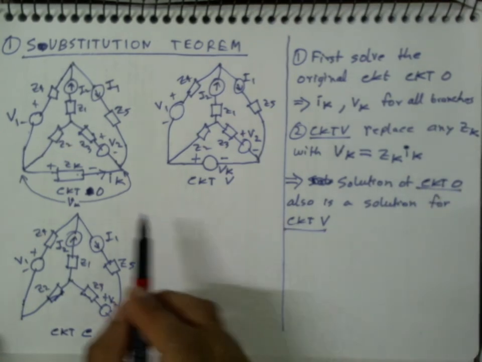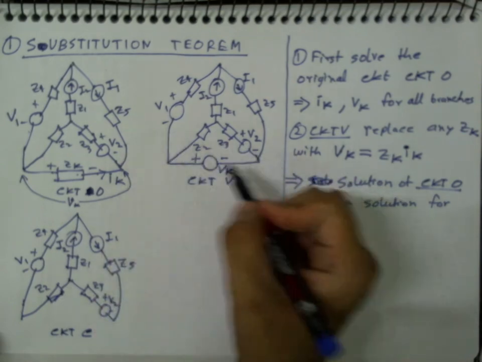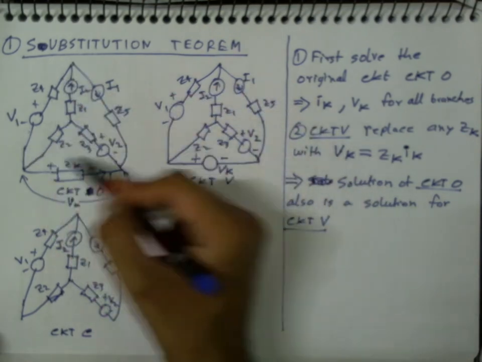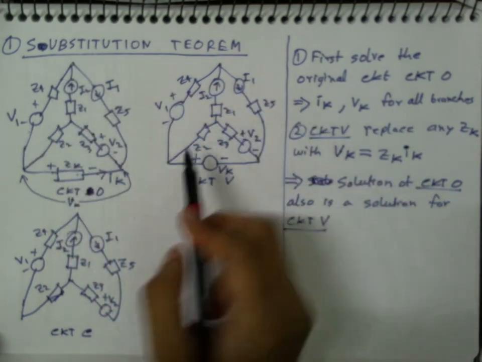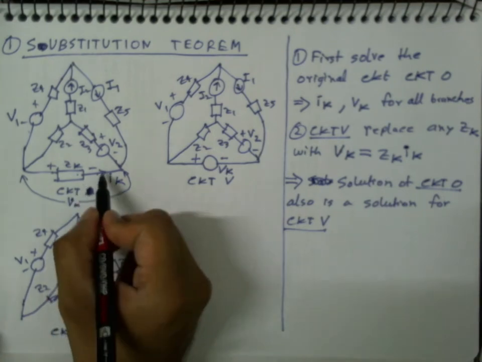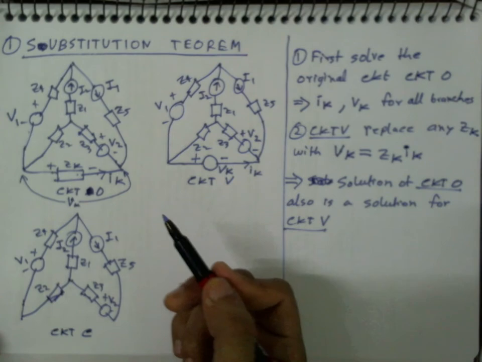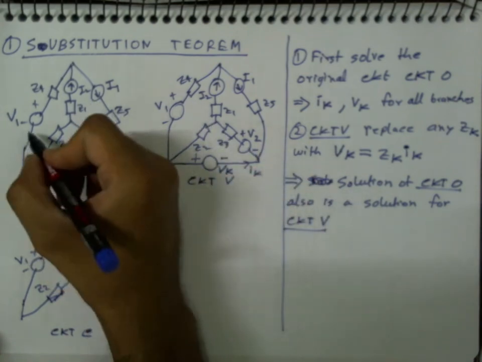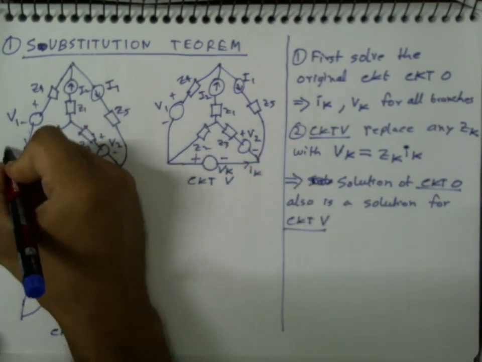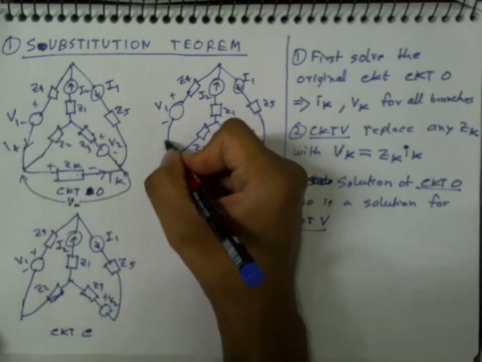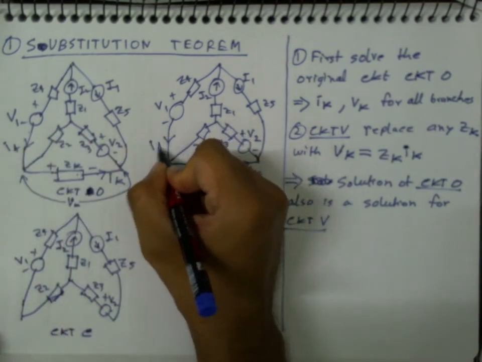Okay, so that means if I take the same solution as in the original circuit here, I take this current as IK, then what else? If this current was originally I4, I will take this also as I4.